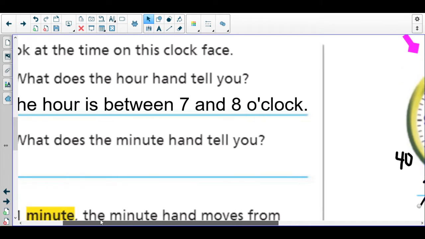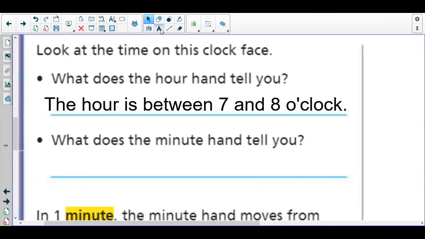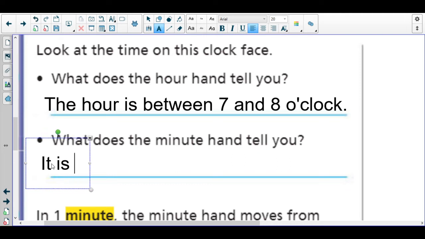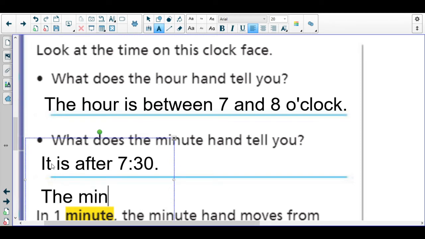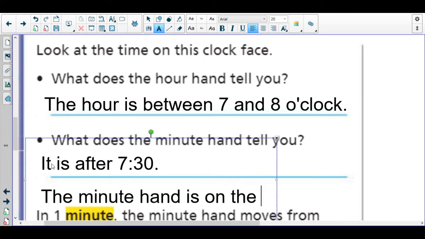Okay, so the minute hand tells us it is after 7:30. We could also say that the minute hand is on the 7.